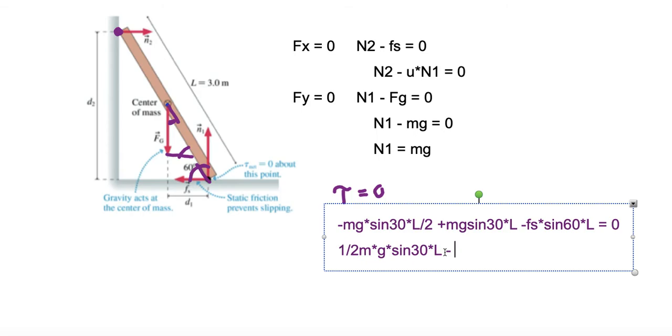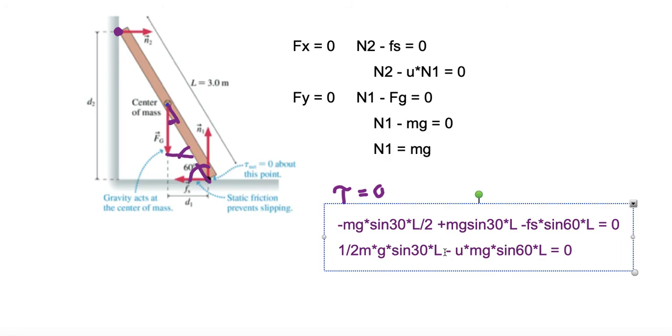And then for this last one, we can also add the friction force, which we already have figured out is mu times the normal force, which is mg, times the sine of 60 degrees times L, and that's all going to equal 0.